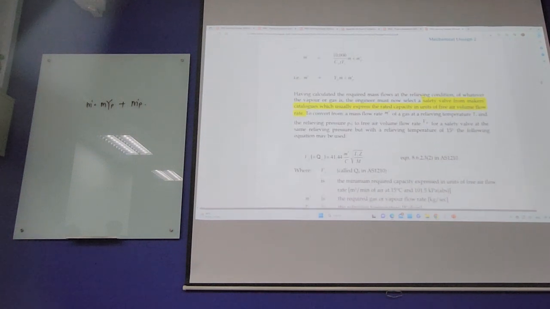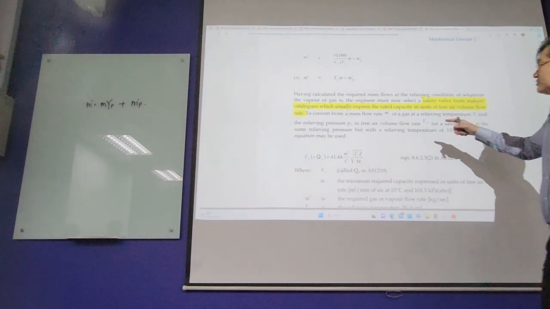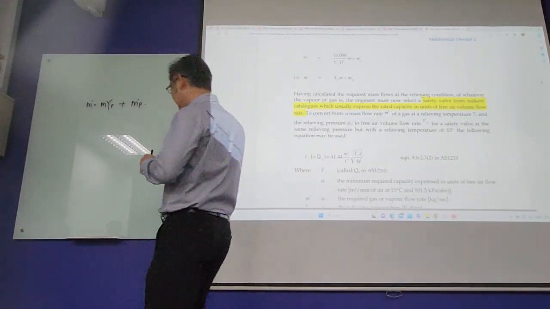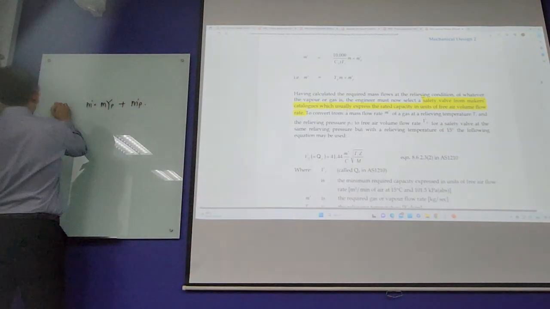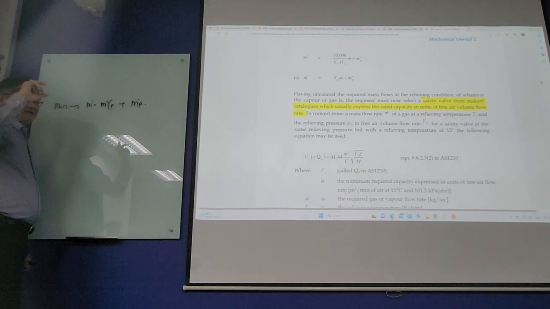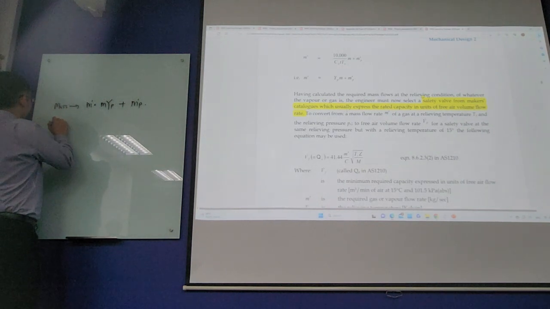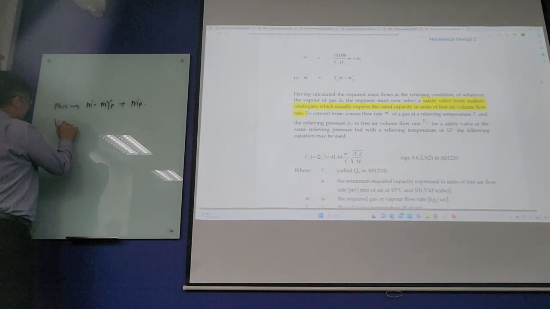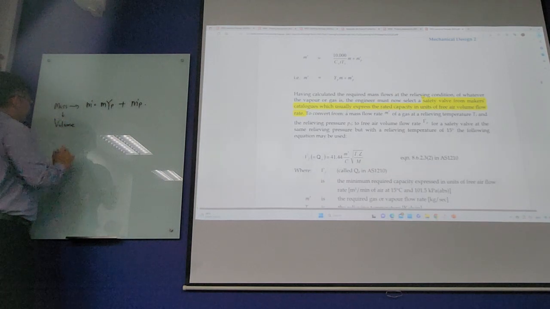Then we also have to use another formula. What happens is we want to convert. We are calculating the mass, but in order to select our safety devices, we have to convert to volume, the volume flow rate.